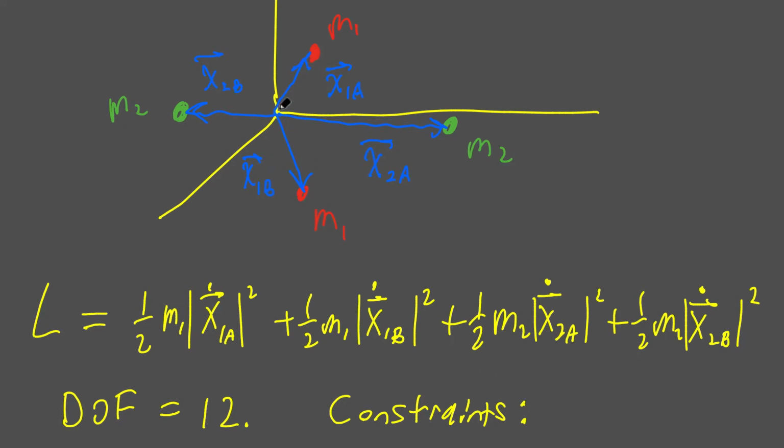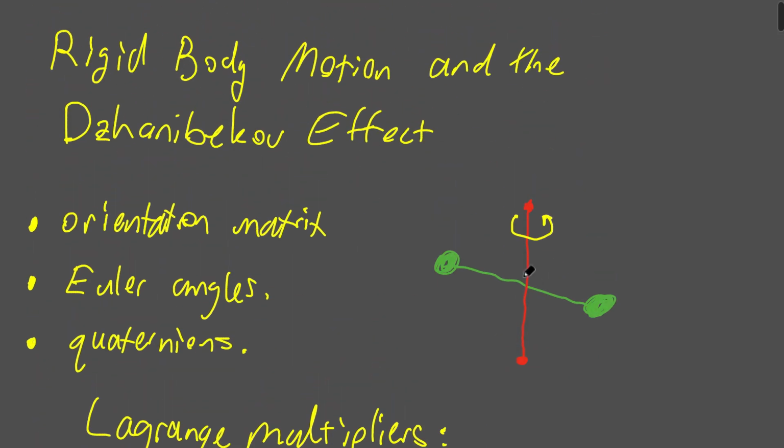First of all, each of these particles is constrained to be a fixed distance from the origin where the struts cross. We'll take that to be the origin.